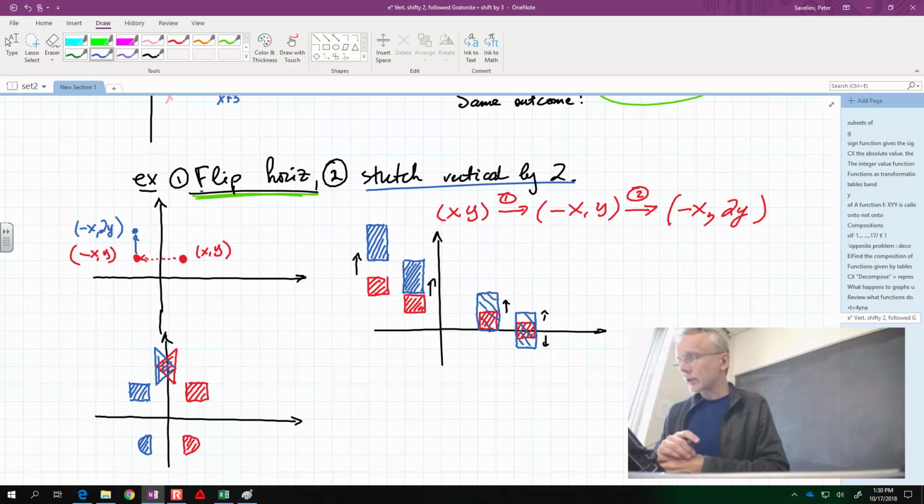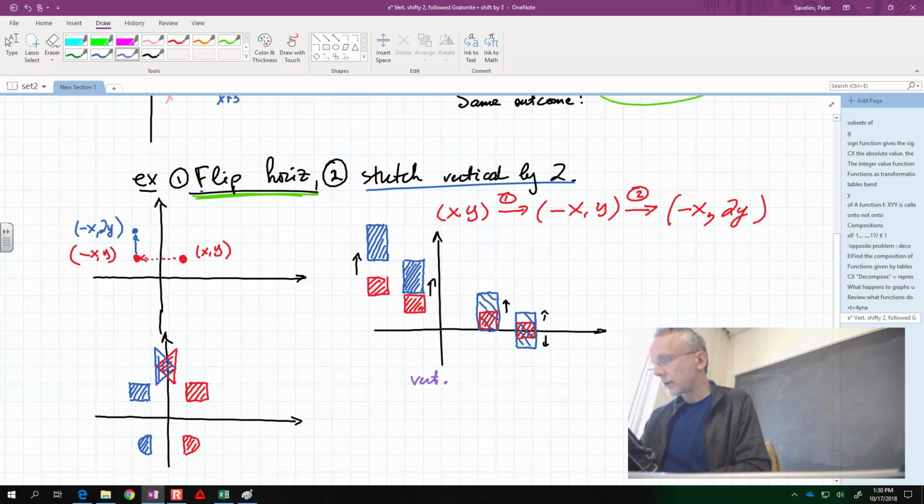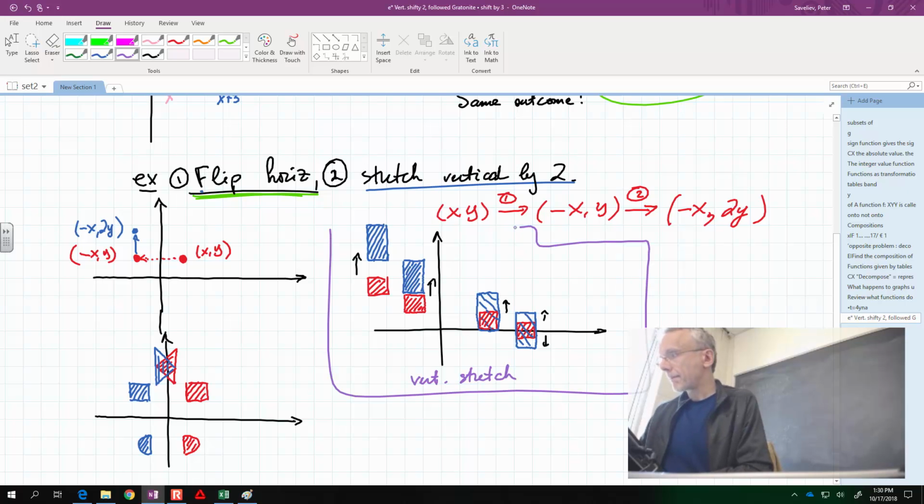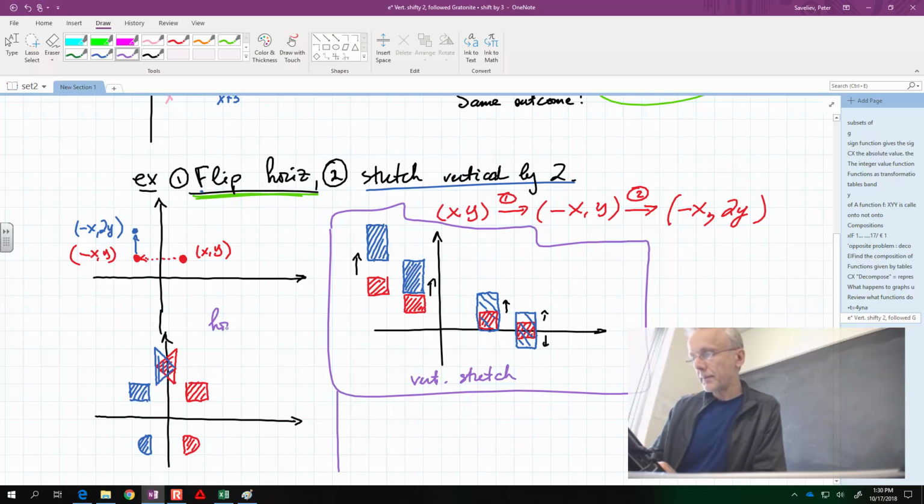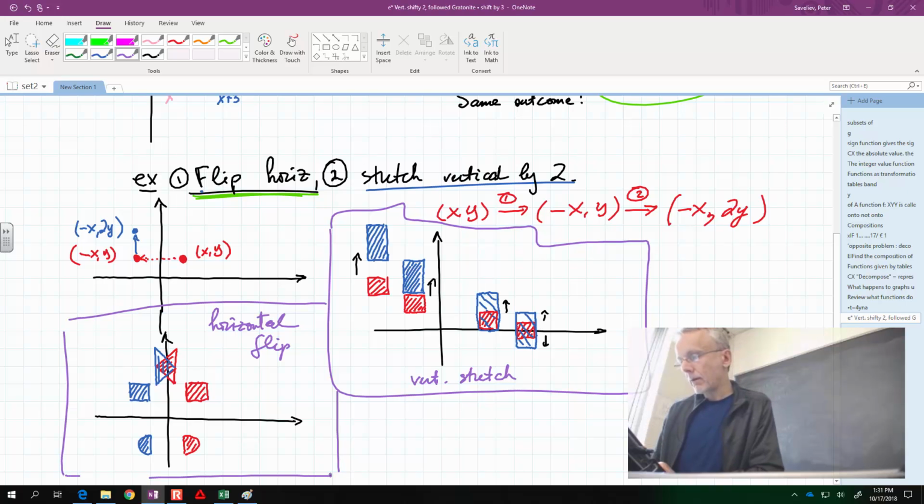Okay, so once again, an illustration. So this is a vertical stretch. And this is a horizontal flip.